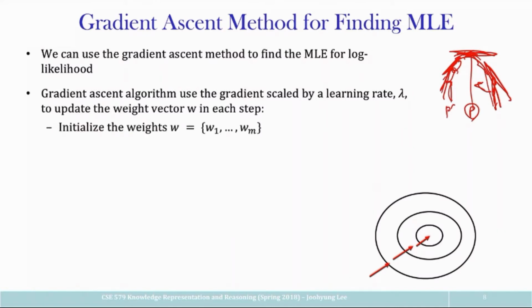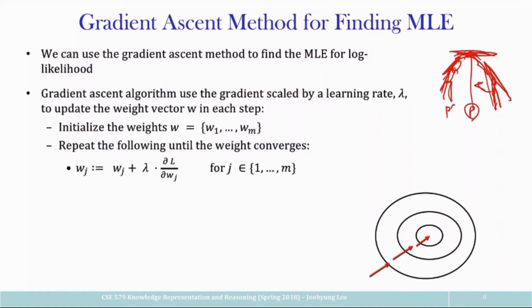So what do we do? Let's just initialize the weight with maybe arbitrary weight for the beginning, and repeat the following until the weight converges. So the equation is actually very simple. For each of the wj, so wj is a weight, you just add this value to the current weight, until the weight does not change much.